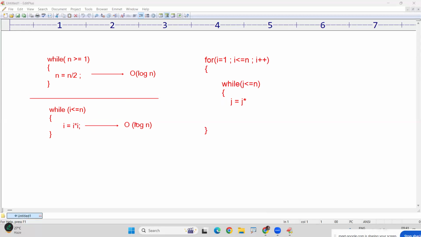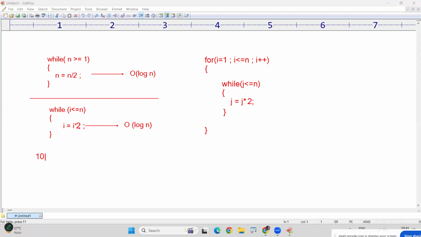Suppose I write it multiplied with 2. It is i by 2 now, and here it is into 2.